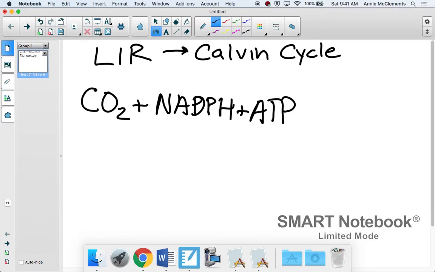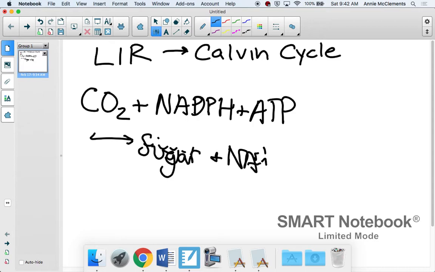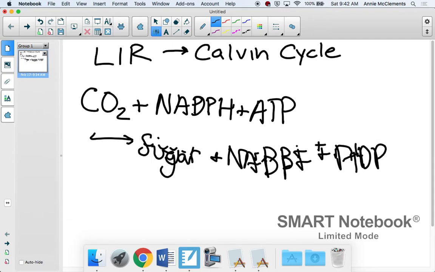The products of this reaction are going to be sugars, NADP plus, and ADP.